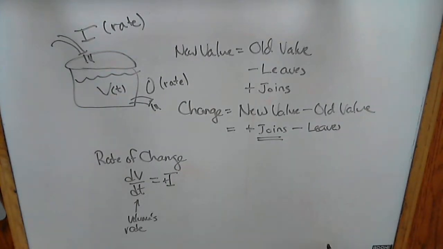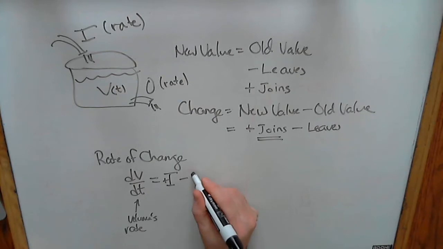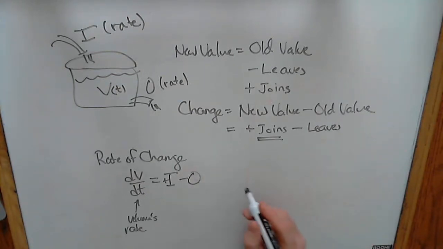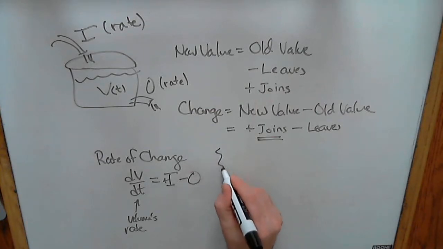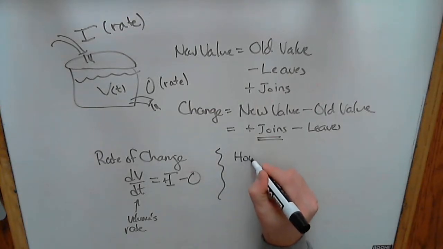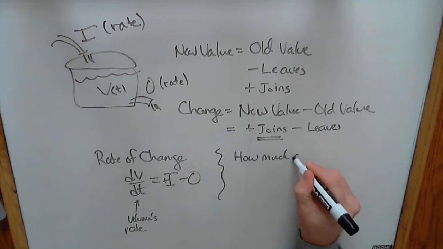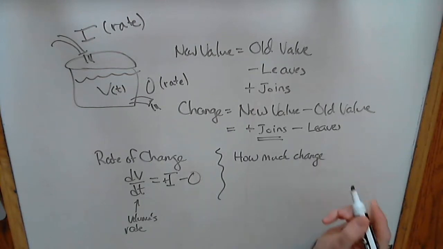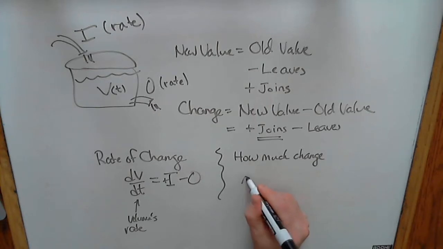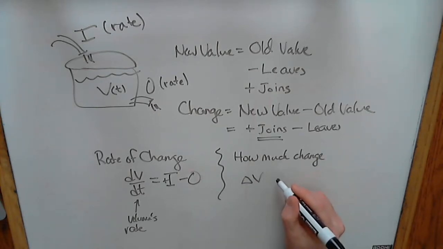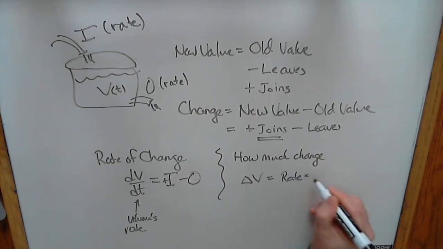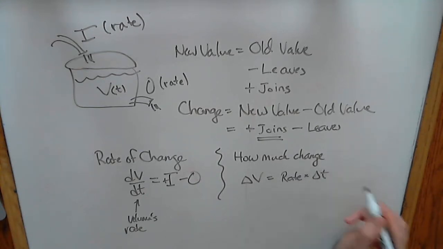We add the rate that comes in, we subtract the rate that goes out. So this is a rate. If I wanted to find out how much of a change, and this was on one of our early exams, I think both exam 1 and exam 2, the change in the volume, the new minus the old, is equal to the rate times how long you spent.